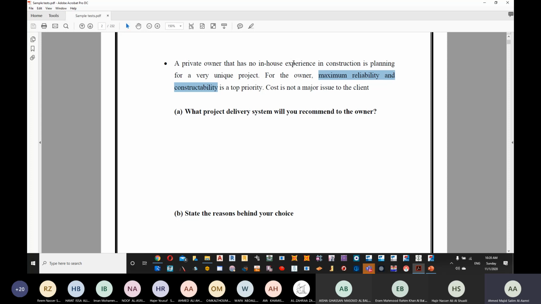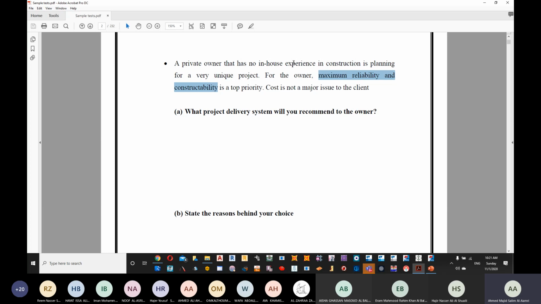In which method are you going to be assured that the fewest possible problems will be there in your design?